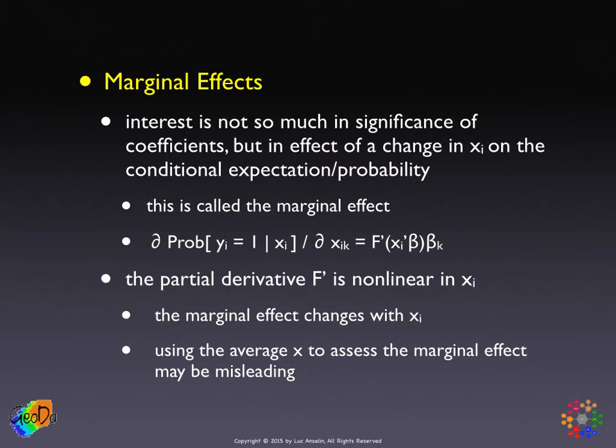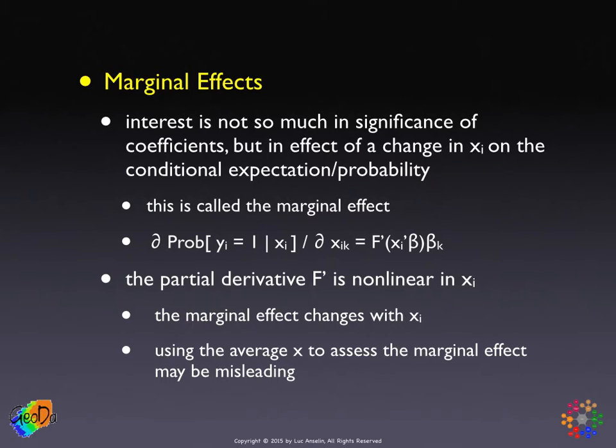And so if you come from a linear regression world, at first that may seem a little disconcerting, but it just means that you have to evaluate this marginal effect for different values of your explanatory variables.